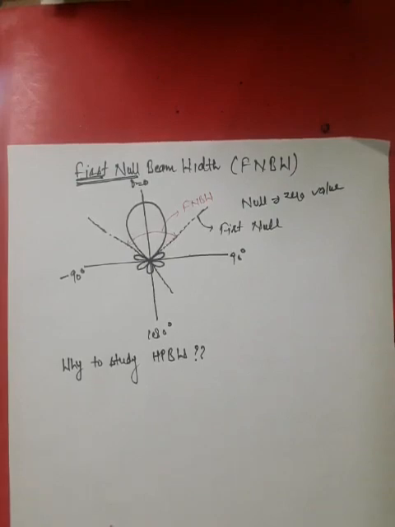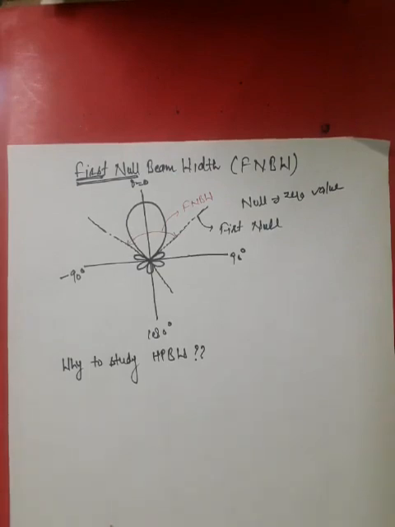I say no, it's not true. If you have to receive a significant amount of power so that you can retrieve the signal, it is basically not the illumination area, it is the half power beam width in which your signal must lie.